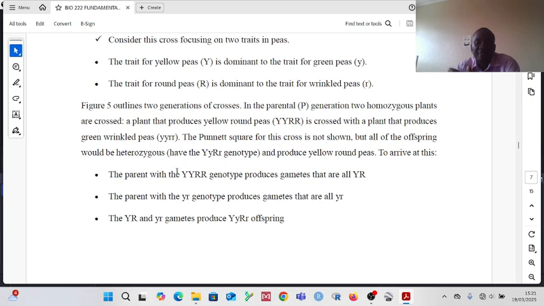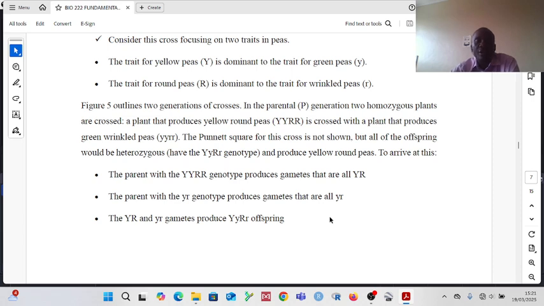So if we now allow these two to breed, these two gametes, we'll see that in the pedigree. The offspring that they will give us is capital Y, small y, capital R, small r. So that's why we are ending up with these offspring. We had homozygous parents, but they've given us heterozygous offspring.